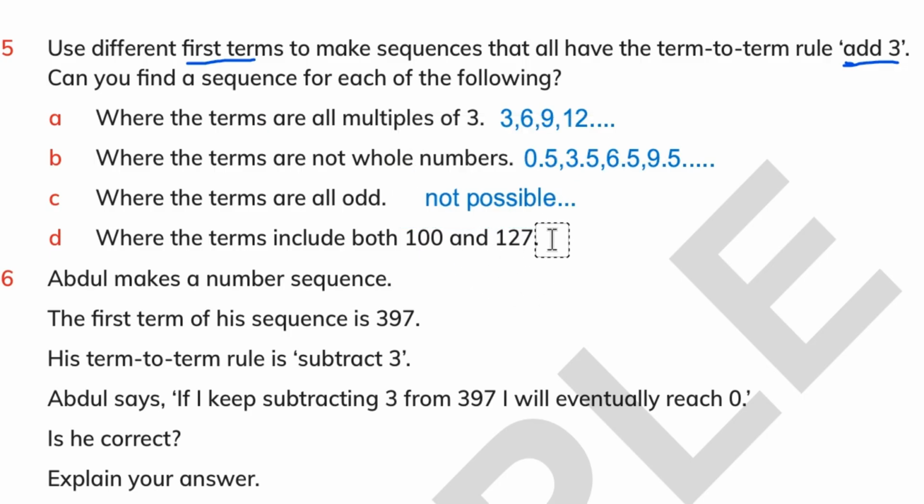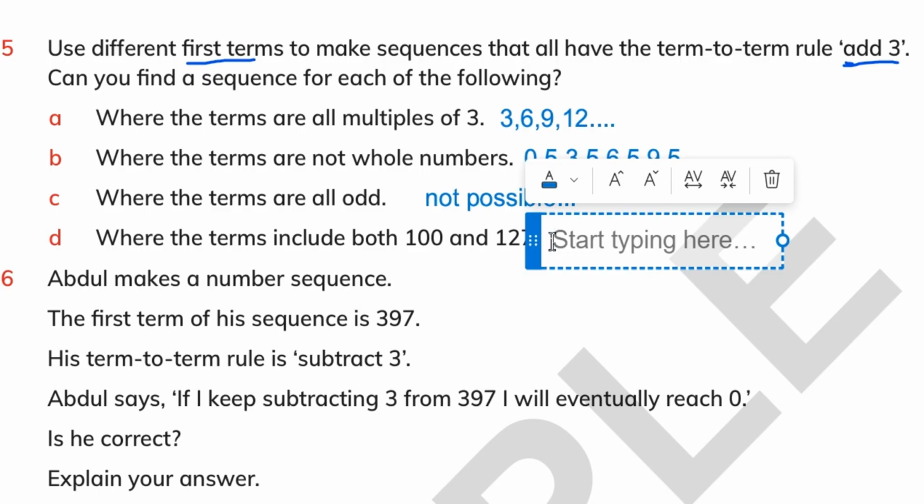Where the terms include both 100 and 127. So 100, 103, 106, and this sequence will go on as you just write multiples of 3 here with 100.